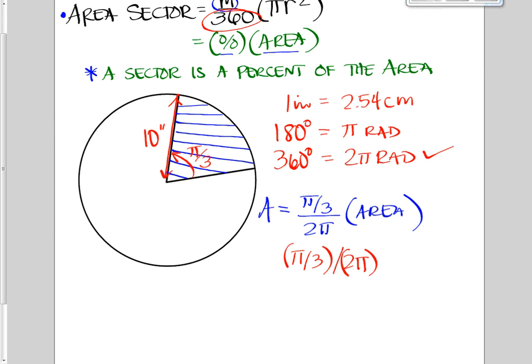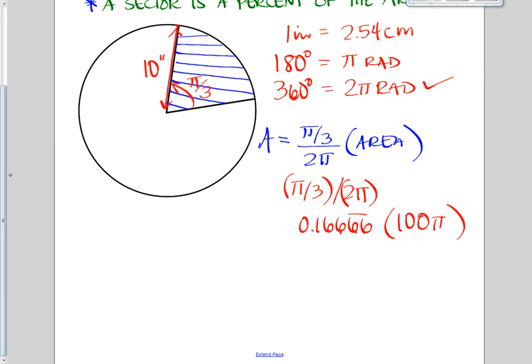So let me get that value. I'm typing in pi divided by 3 divided by 2 pi, and this comes out to be 0.16666, repeating. And my area, just like the last time, was 100 pi. Again, just like before, we're going to multiply this out.